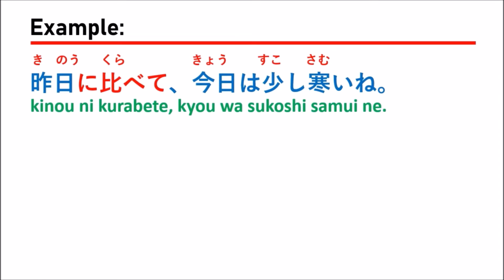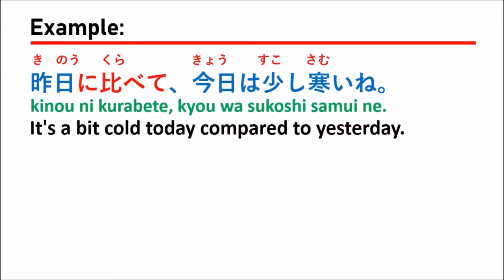The first example. 昨日に比べて今日は少し寒いね。Which means it's a bit cold today compared to yesterday.